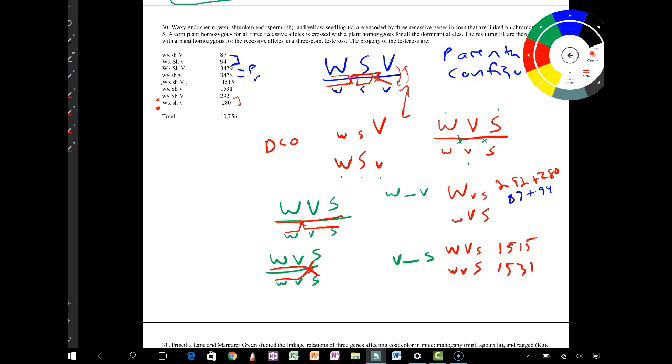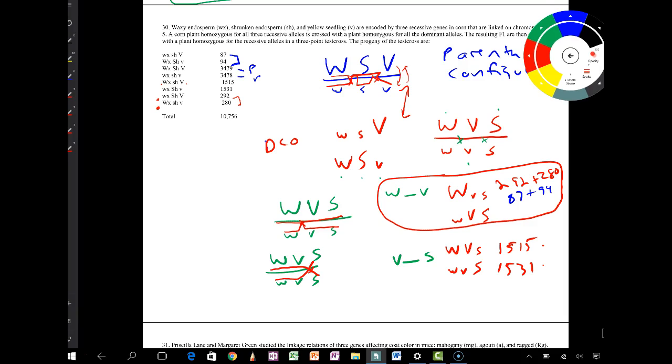Now, if you're confident in what you've done so far, and you've figured out these numbers, and you think those are crossovers between W and V, and we figured out our double crossover numbers, and we know our parentals, then we know that we only got two numbers left over, so we can use those. So if you're confident and you're in a hurry, you can just put those together.